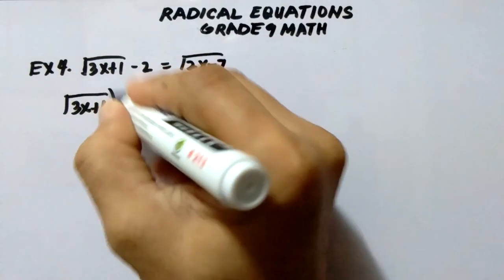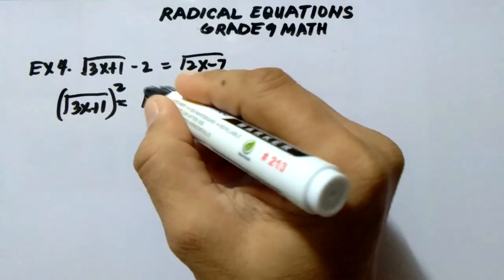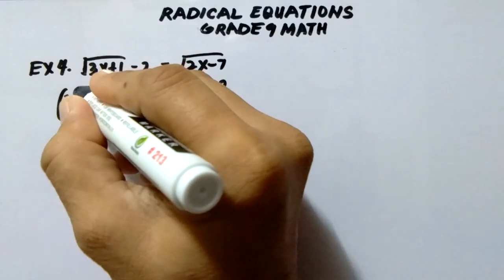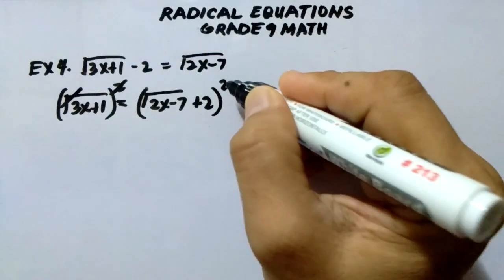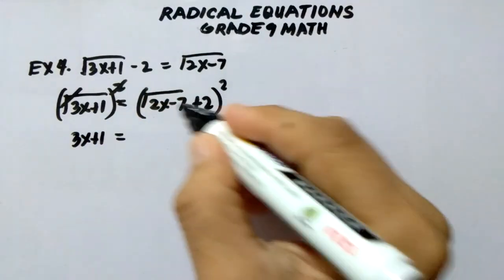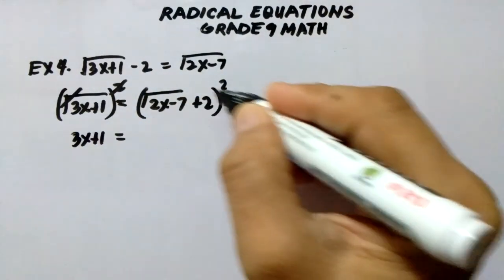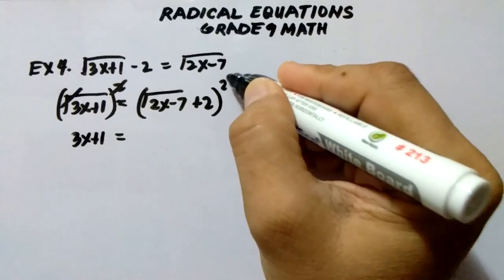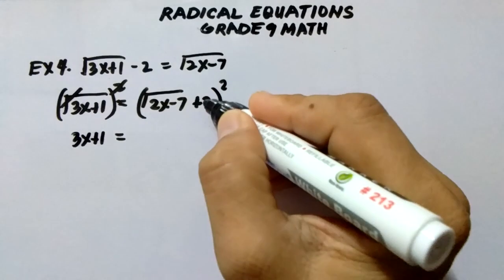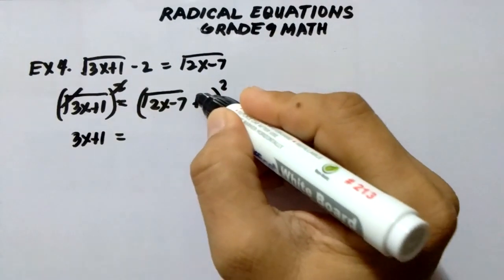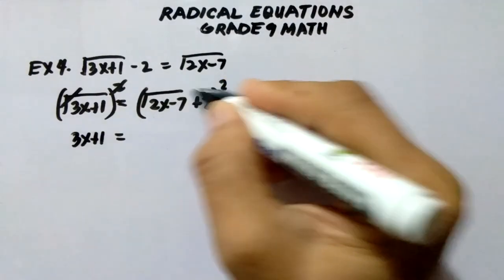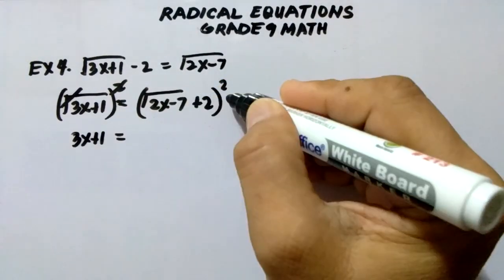Then, squared po natin both sides of the equation. Then, makakancel po itong square root. Cancel. So, we have 3x plus 1 is equal to, ang ibig sabihin po nito, i-expand po natin ito. Hindi po tayo pwedeng mag-cancel dito dahil may plus 2 po tayo dito. May kasunod po ito. So, kailangan po i-expand po natin ito.